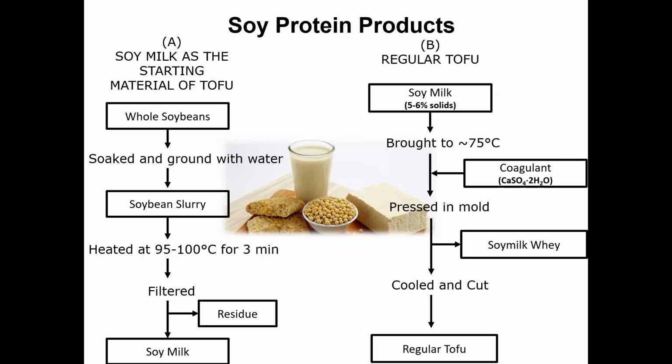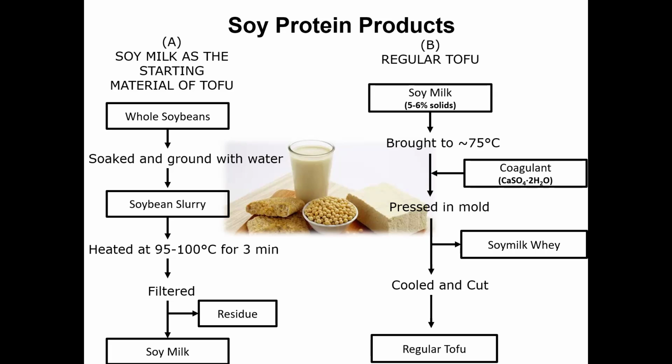No, we don't want to form a gel with soy milk. Trypsin inhibitor, right? We need to inactivate 90% of the trypsin inhibitor, and that's the treatment that inactivates it. Then we filter, the residue is usually called the okara, and then you get the soy milk.